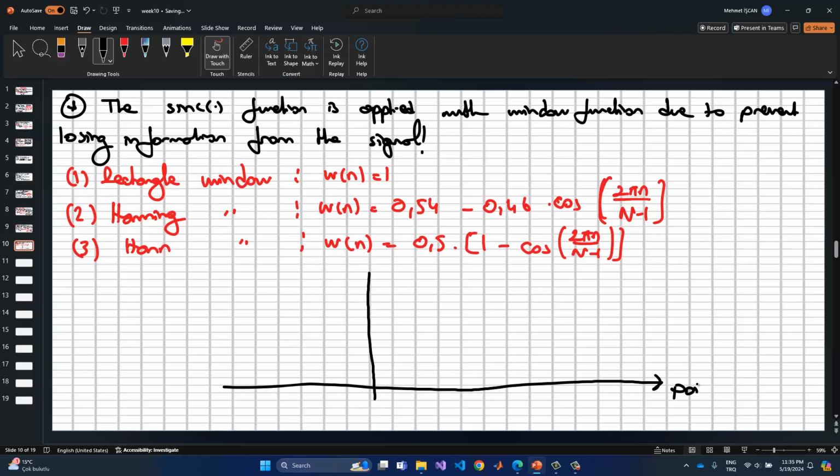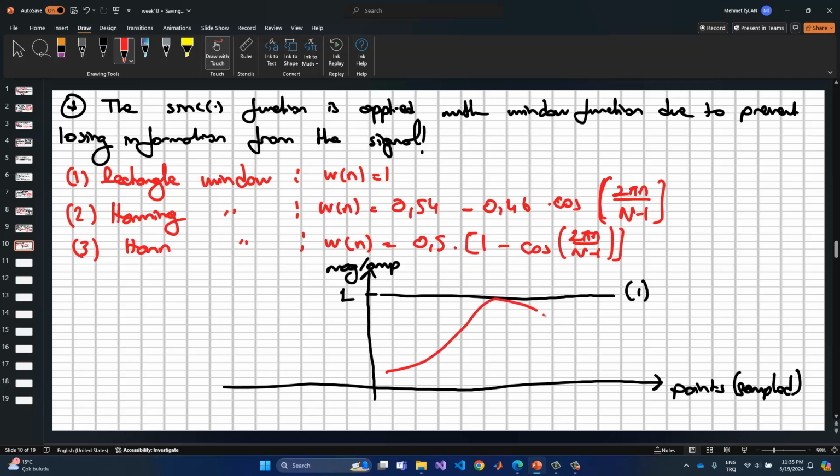For example, these are the sample points, the sample data indices here, and this is the magnitude or the amplitude of the signal, which is equal to 1. In the rectangle window we have this kind of information. But in the Hamming window we have this kind of pattern.